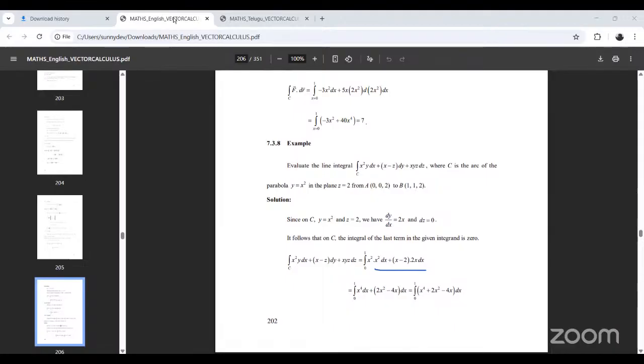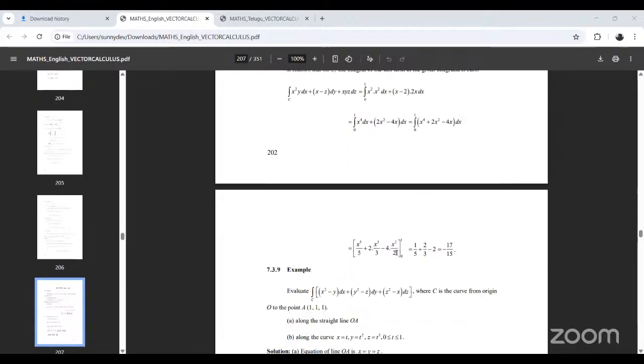After the simplification, we get x power of 4 dx plus 2x square minus 4x dx.